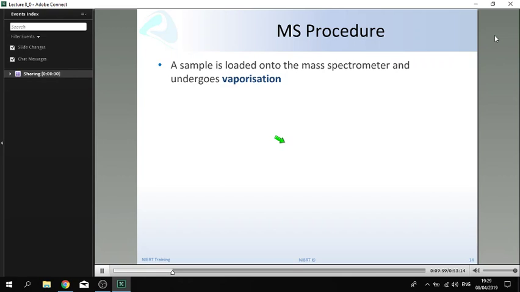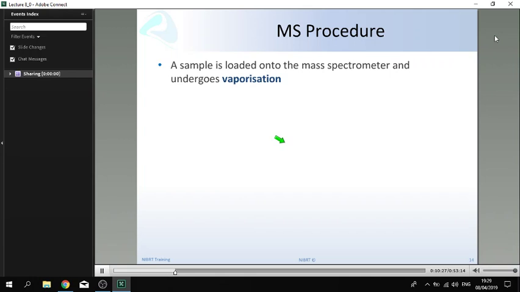Okay, so after this slide, kind of short introduction, we'll start talking about the typical components of a mass spectrometer instrument. So, the mass spectrometer procedure: this is a really short list of how the procedure goes, just to introduce you to it, and then we'll talk about each one in a little bit more detail. So first thing that happens is that our sample that we are analyzing is loaded onto the mass spectrometer, and it undergoes vaporization.